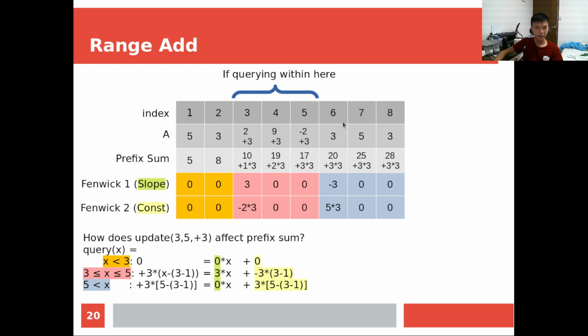Then if we query Fenwick 2 at index 7, what is the value we're going to get? We're going to get 5 times 3 plus minus 2 times 3, which is 3 times 3.